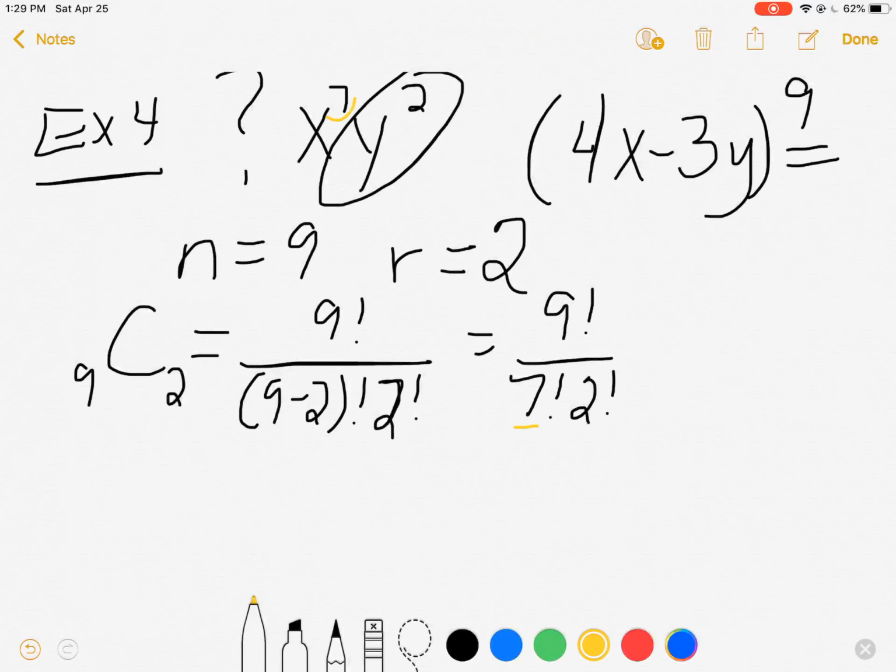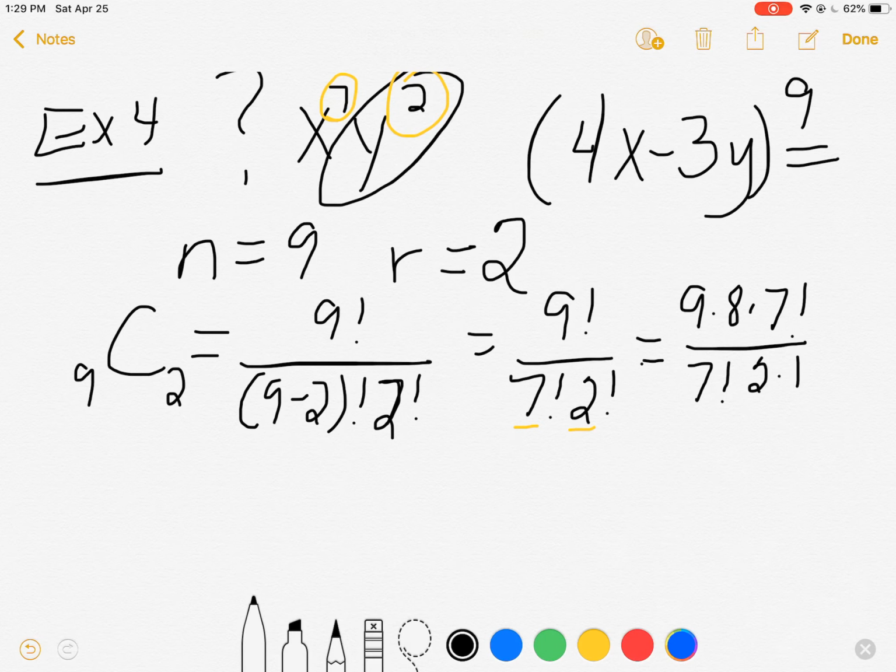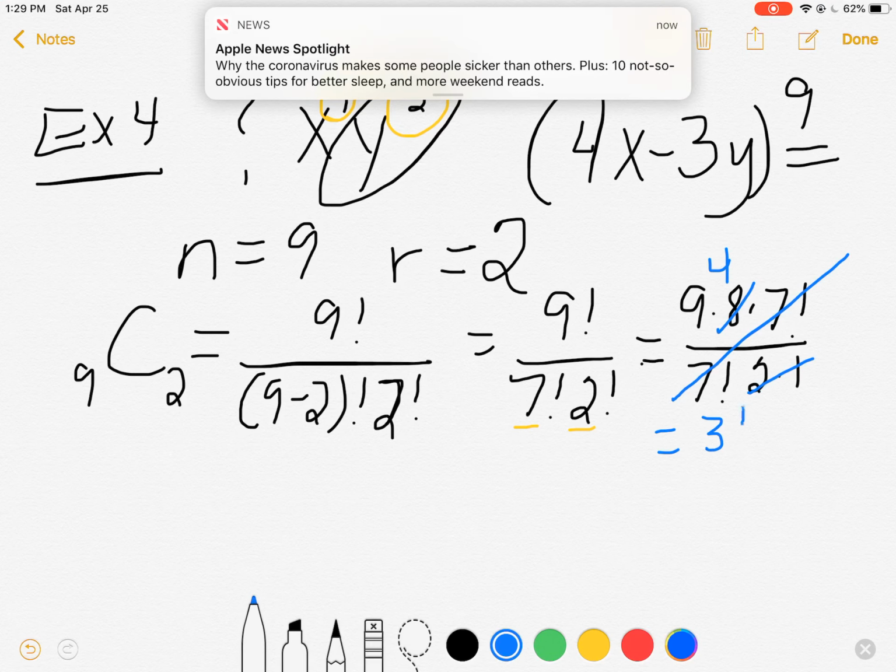Notice 7 here, 7 here, 2 here, 2 here. 9 factorial is 9 times 8 times 7, and I'll stop there because I know there's a 7 factorial on the bottom, and then 2 factorial is 2 times 1. So the 7 factorials cancel. 2 times 1 is 2, goes into that 4 times. So the combination is 36.